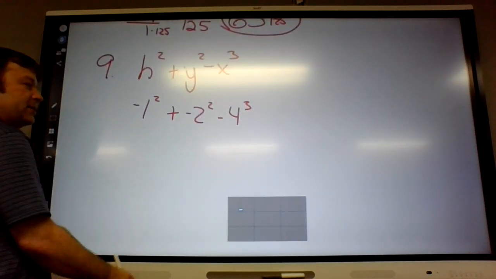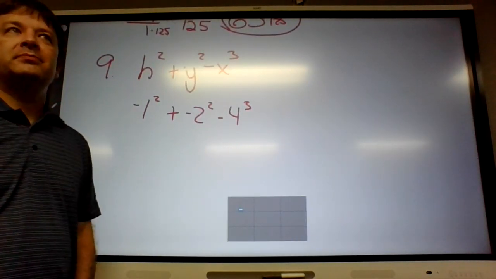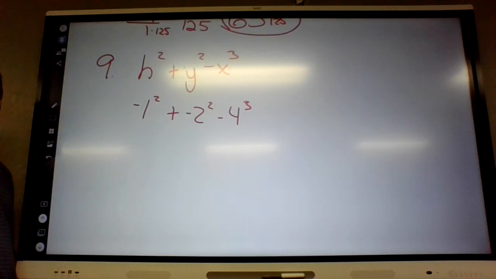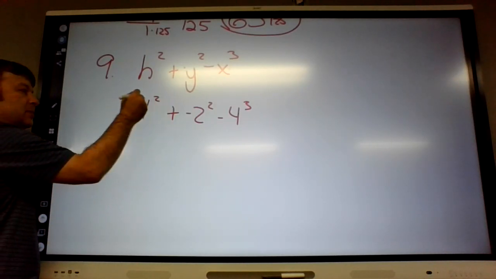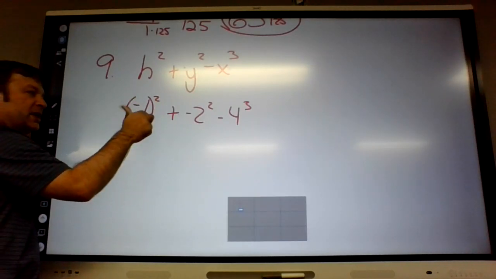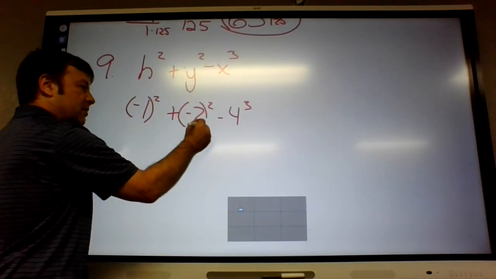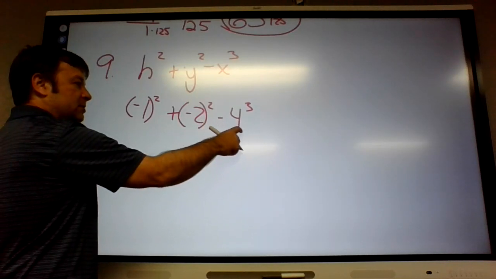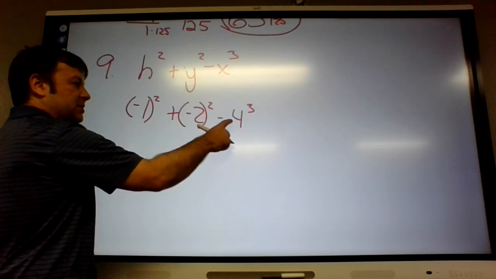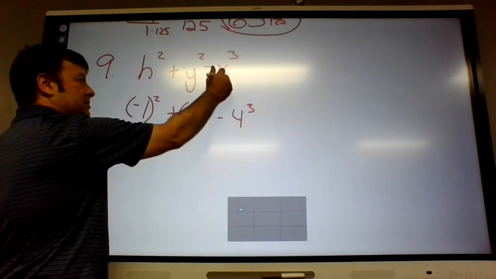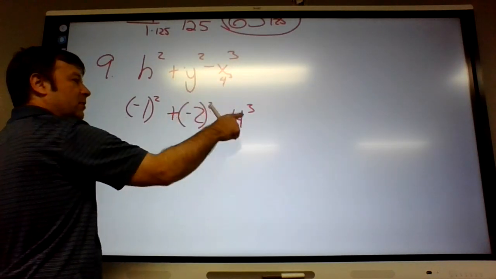Alright, did I write it correctly? No, I didn't. What did I do? The 2 in parentheses. Well, yeah. We have to square all of -1, and we have to square all of -2. x is 4, so this wouldn't be in the parentheses, because we're only squaring the 4 on this one.